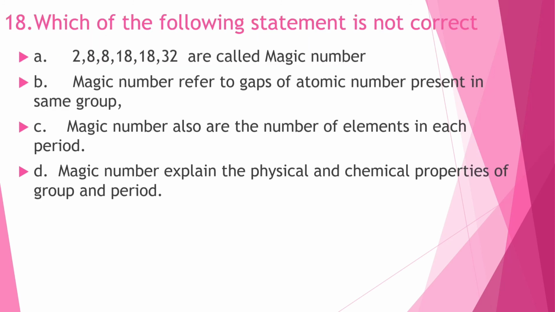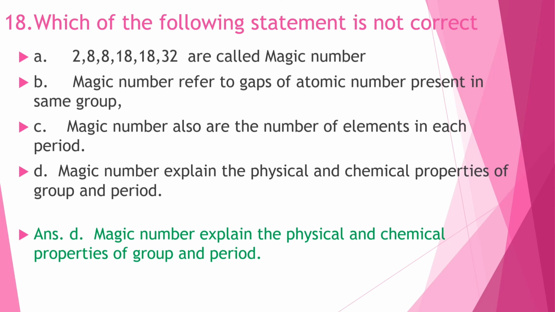Which of the following statements is not correct? 2, 8, 8, 18, 18, 32 are called magic numbers. Yes, these are the numbers. This series of numbers are called magic numbers. These magic numbers are the gaps of atomic numbers in the group, and these magic numbers also tell us about the number of elements in each period.